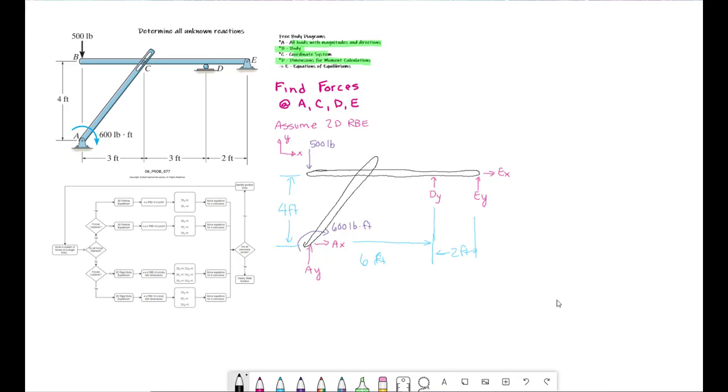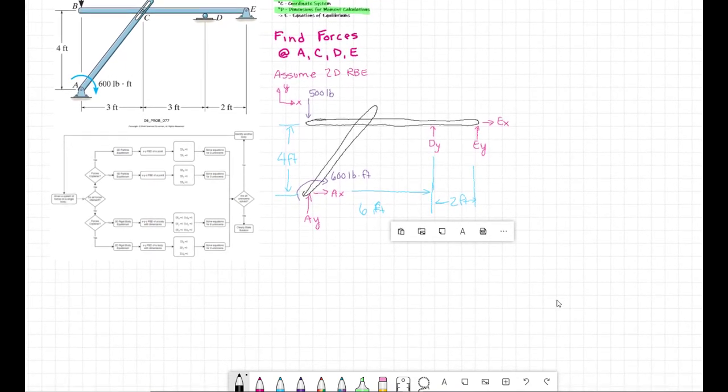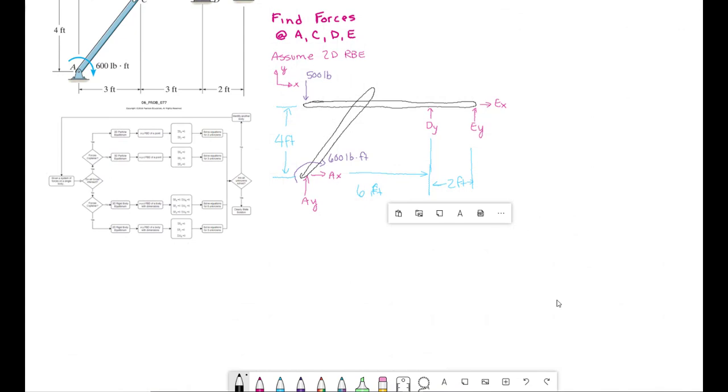I'm going to scroll up for a second. We'll come back. All right, so sum of forces in X equals 0. We have AX plus EX, and that's all in the x direction.